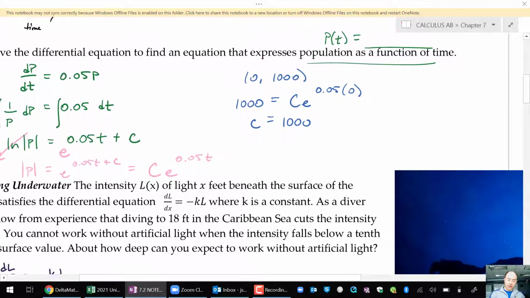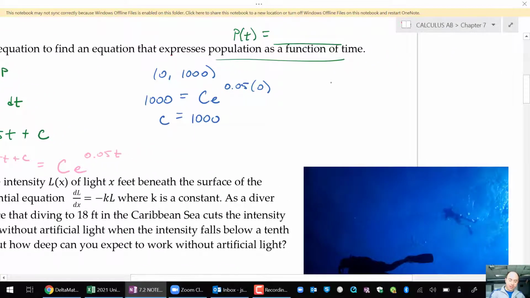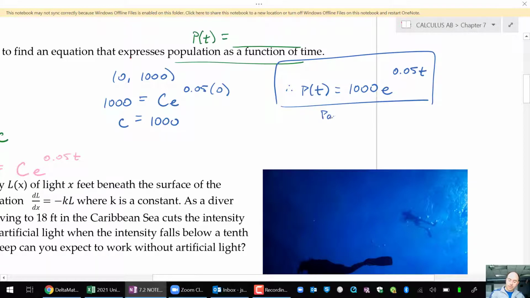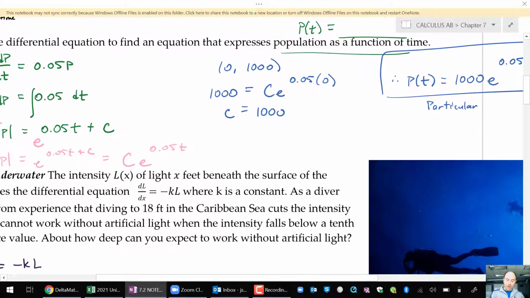And so with that, I can write down what is the particular solution. So P of t, population as a function of time, would be 1,000 times e to the power of 0.05t. And that would be the particular solution to this differential equation. Back here in pink, I essentially have the general solution right there.